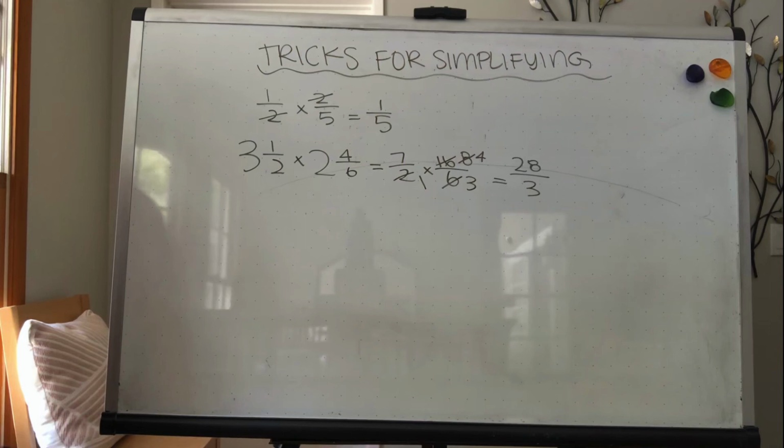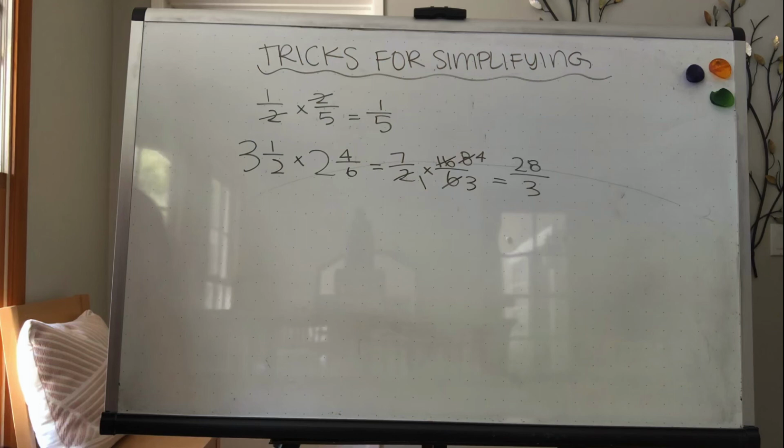For the second example, when you convert the mixed numbers to improper fractions, it's going to end up being 7 over 2 times 16 over 6. And so you can simplify the 2 with 16.